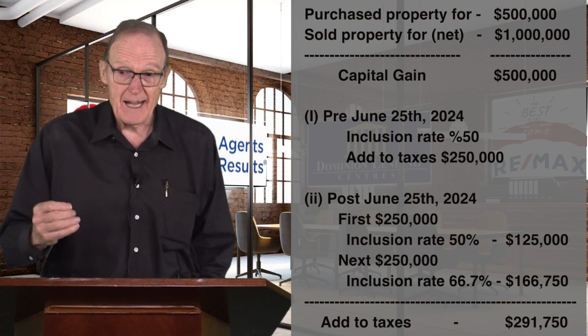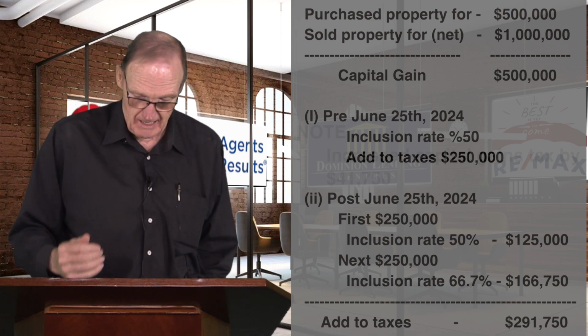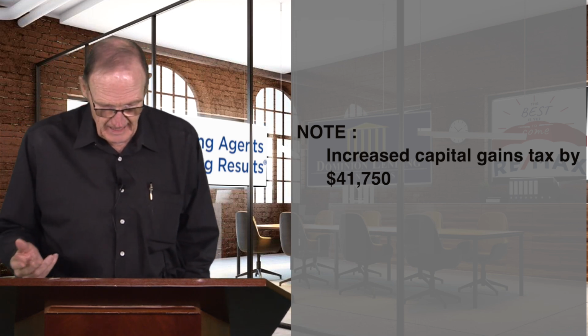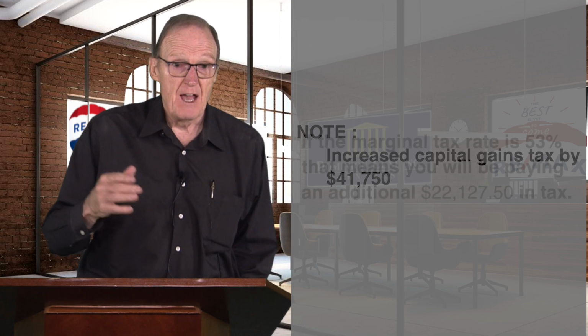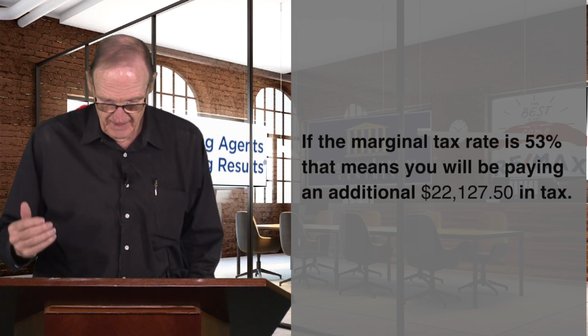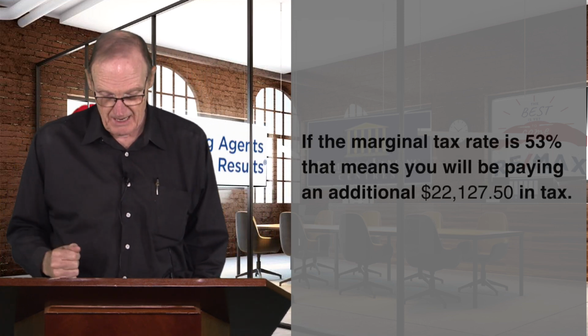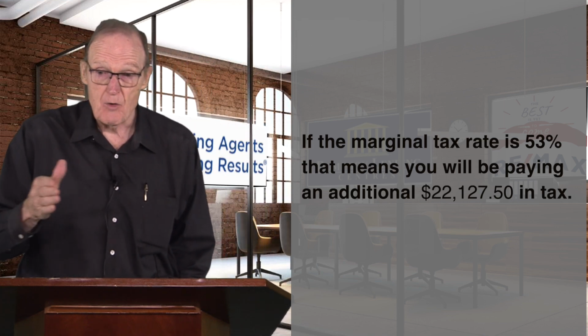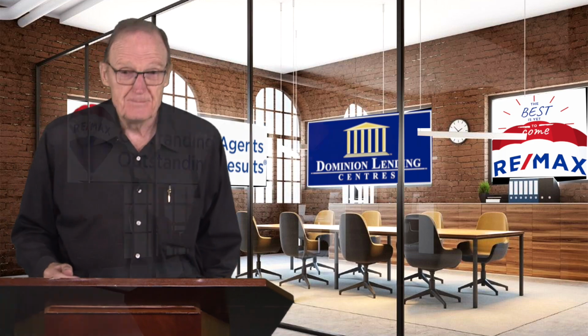That means the added amount of money you're going to pay tax on is $41,750. If you're at a marginal tax rate of 53%, for example, that means it's going to cost you an additional $22,127.50 in tax with this new change.